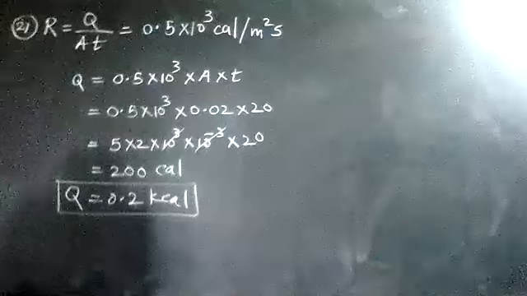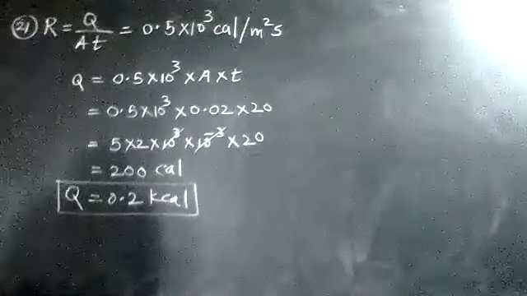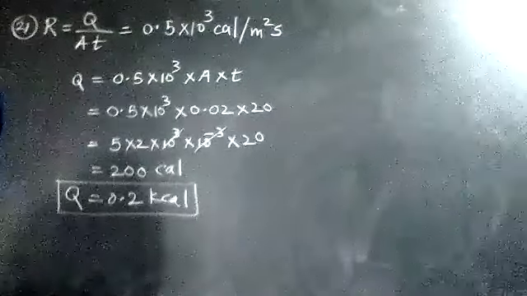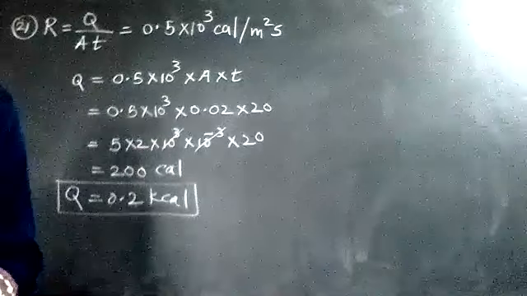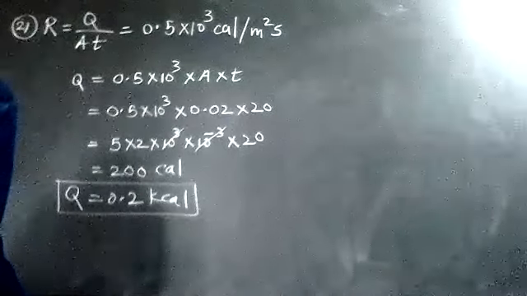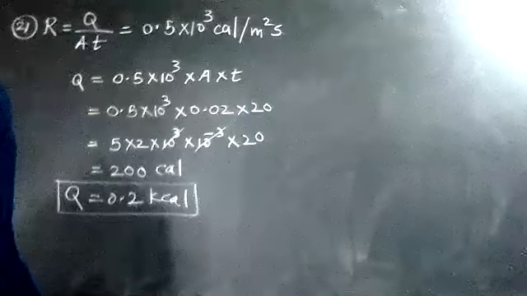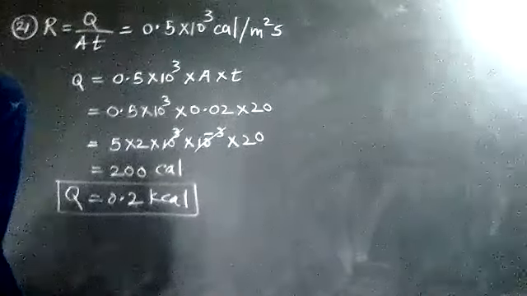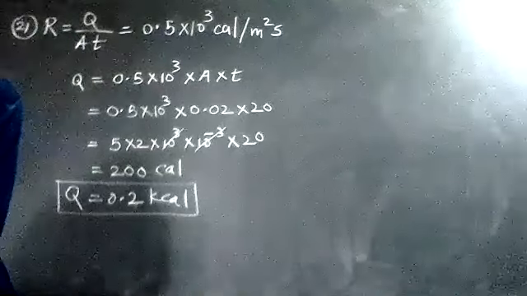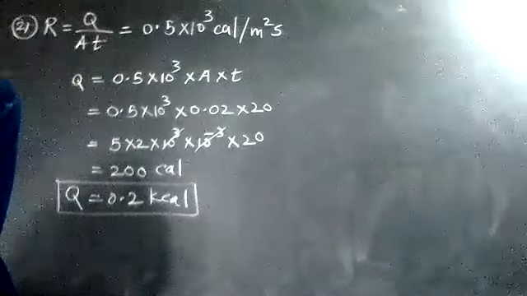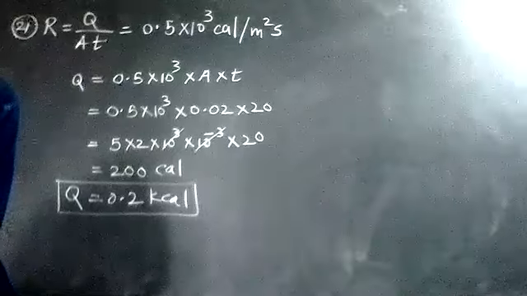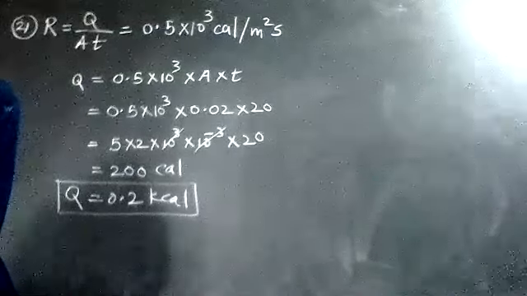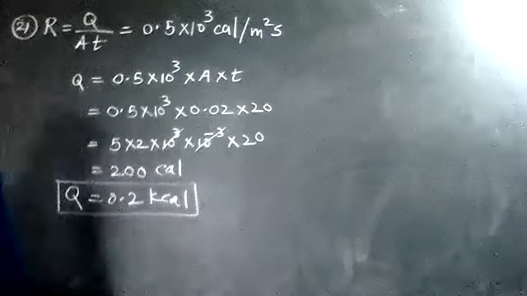In problem number 22, you have to compare the rate of emission of heat at two different temperatures. One temperature is given as 727 and another temperature is given as 227 degrees Celsius. If the black body is surrounded by an enclosure at 27 degrees Celsius, then what will be the ratio of their rates of loss of heat?